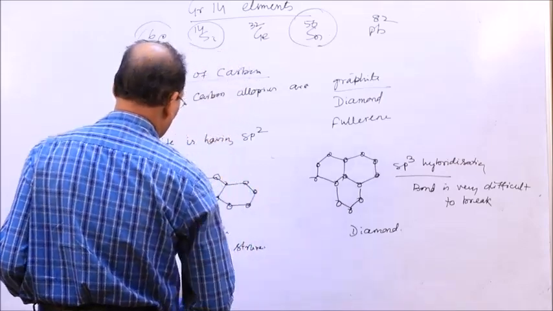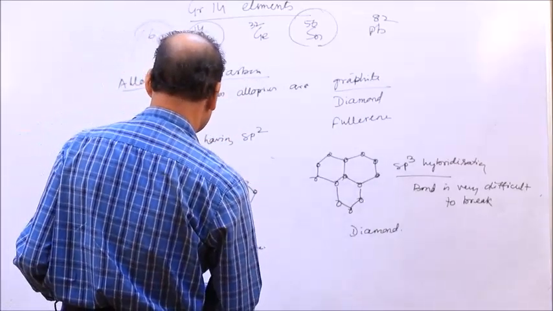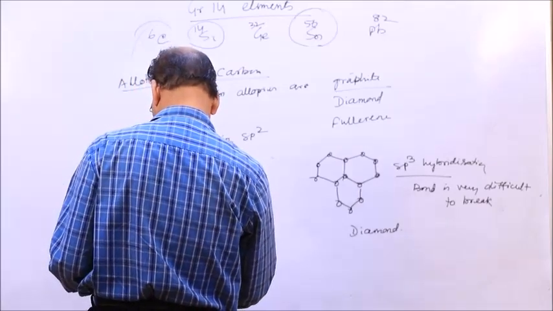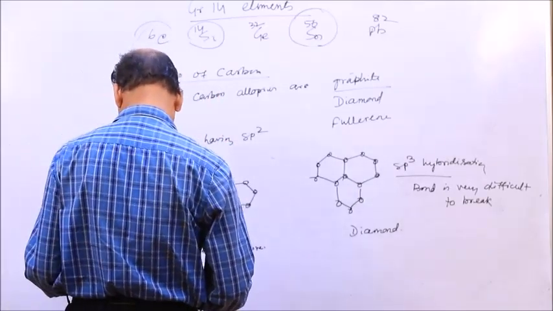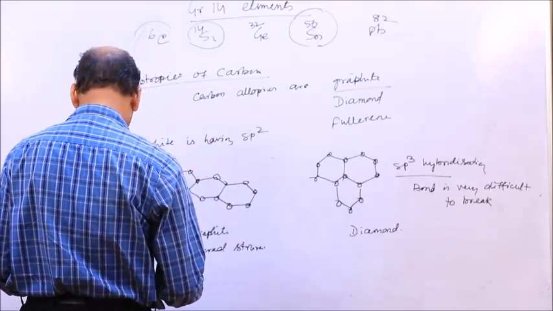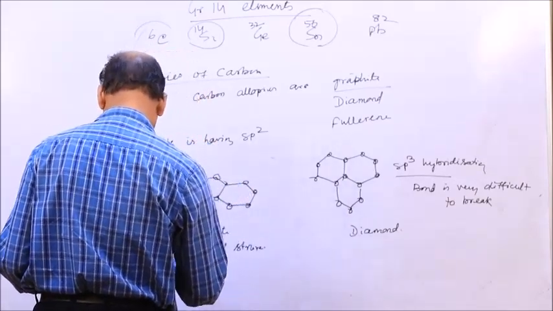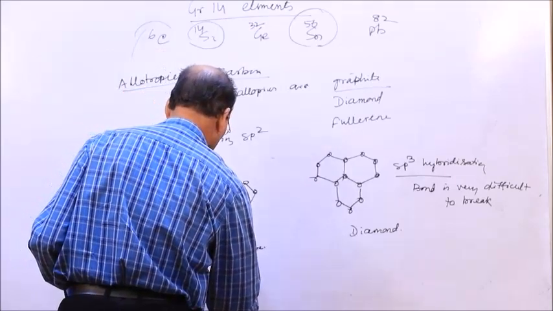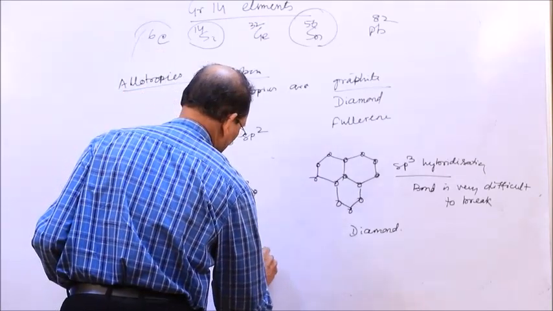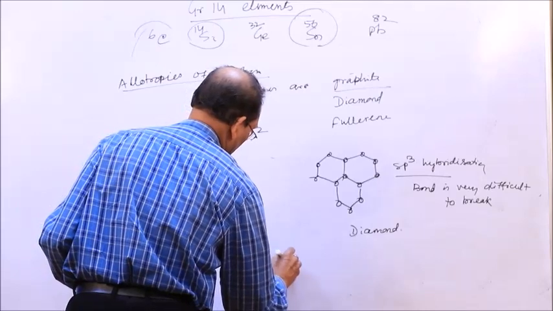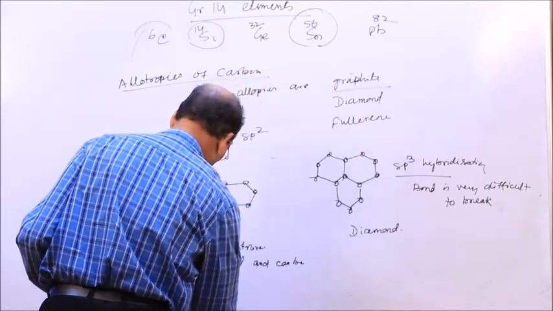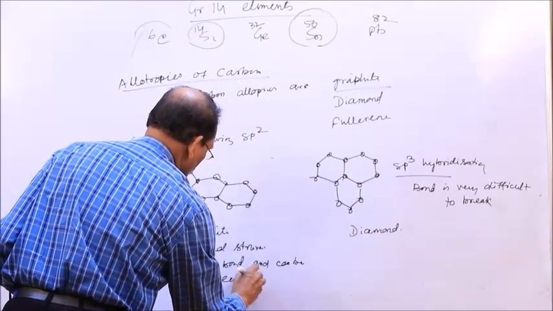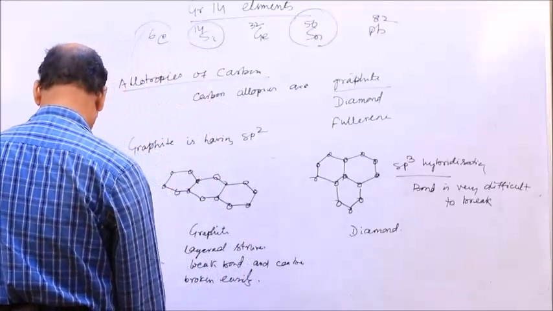Graphite is a layered structure, and due to sp2 hybridization these are very weak bonds that can be broken easily.